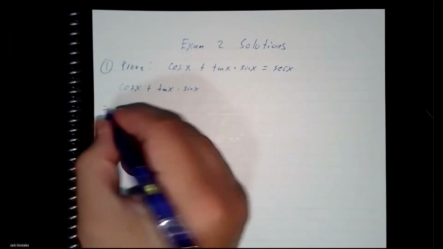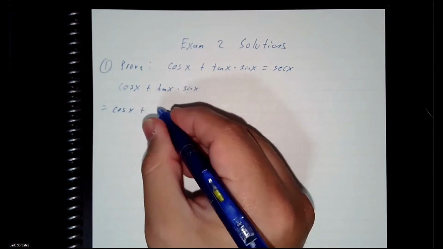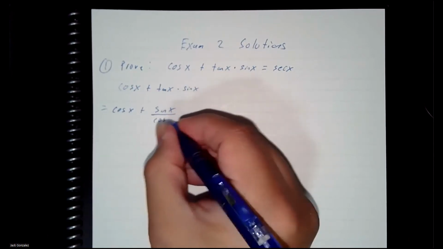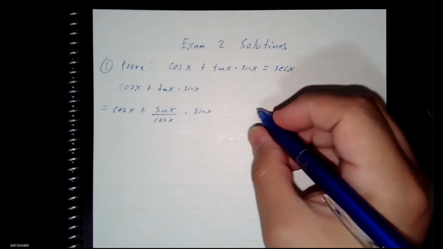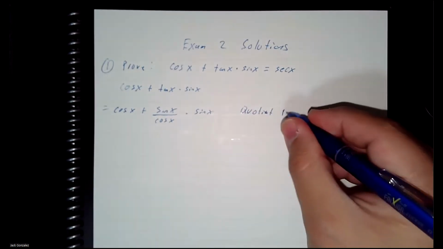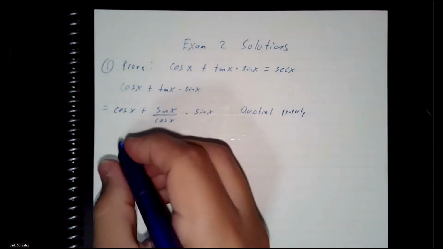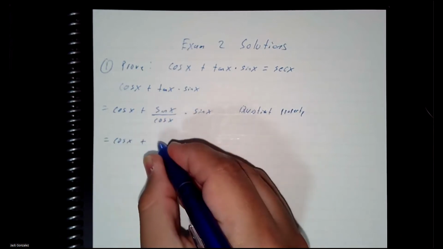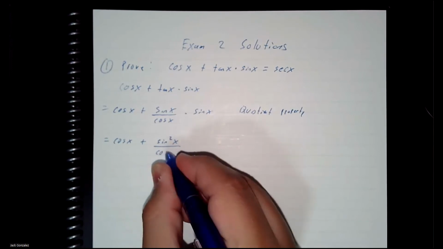First step is use the fact that tangent is equal to sine over cosine, then multiply by the sine. I believe we call that quotient. Okay, multiply it out. You get cosine x plus sine squared x over cosine x.